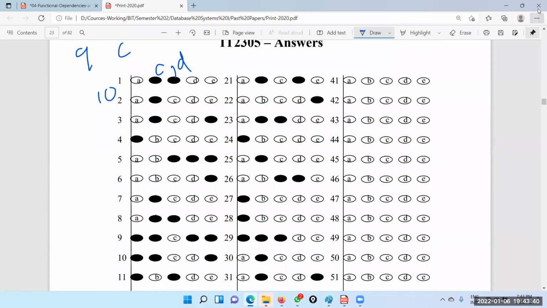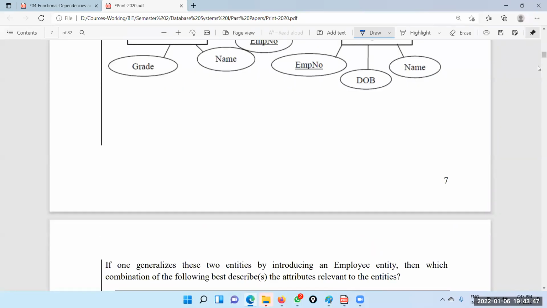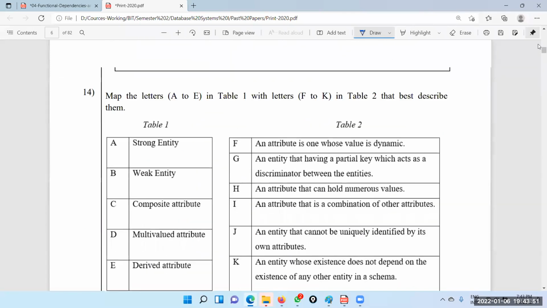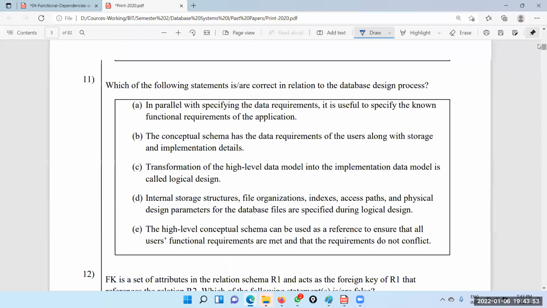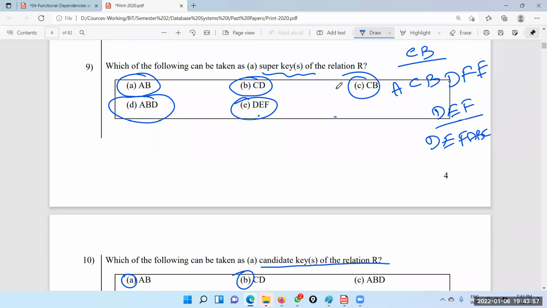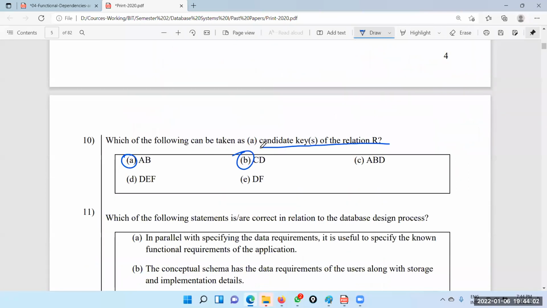Everything other than C, everything other than CD.